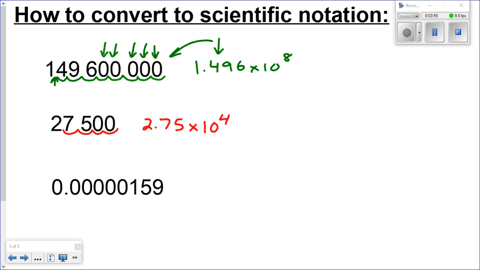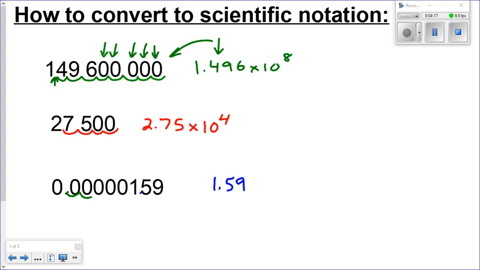Finally, we've got a number that's small instead of a number that's big, 0.000000159. To go from that to a number that has one digit to the left of the decimal place, that means we're trying to get to here. We're going to have 1.59. But this time we divided by 10 a bunch of times. Or sorry, we multiplied by 10 a bunch of times.